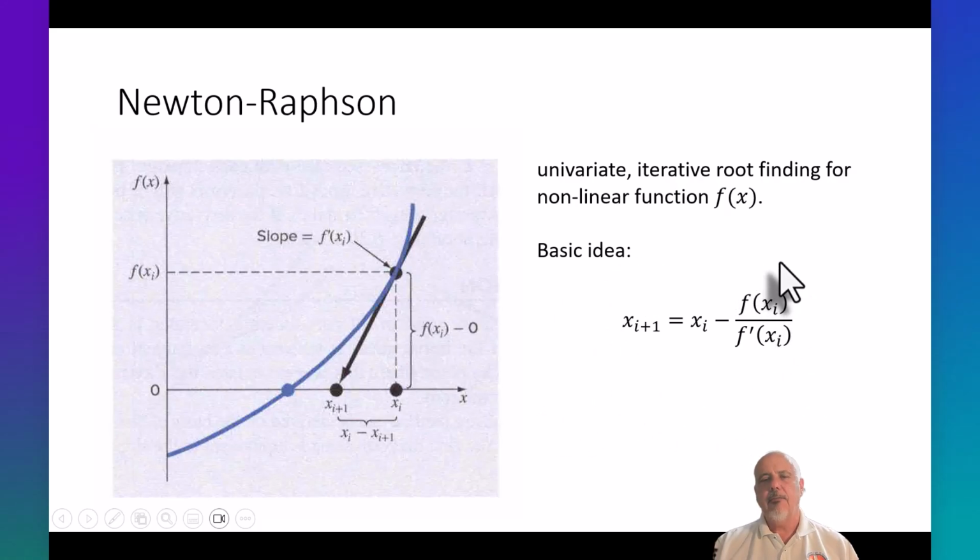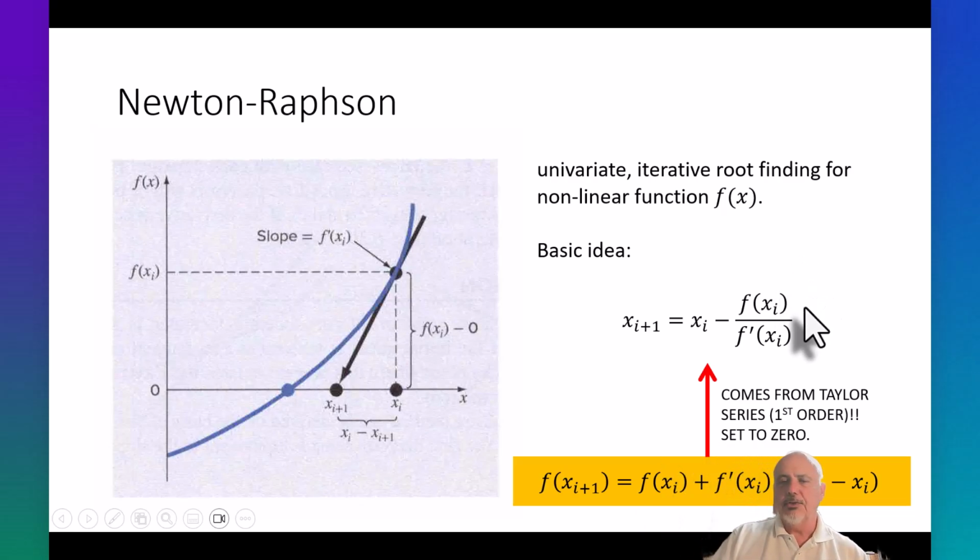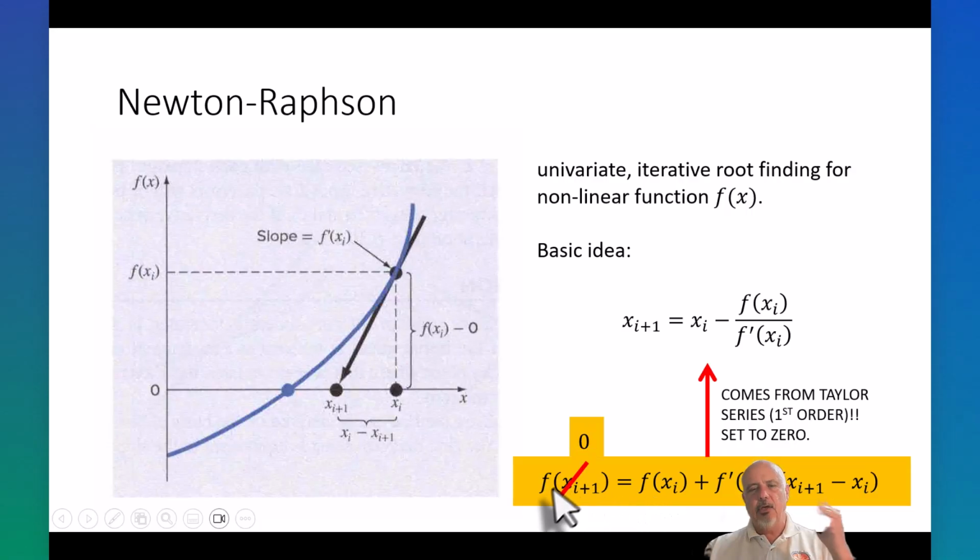And where does that come from? Remember you've got your Taylor series, first order Taylor series expansion there. And the idea is that you want the function at that next x to be 0. That's what you're hoping for.